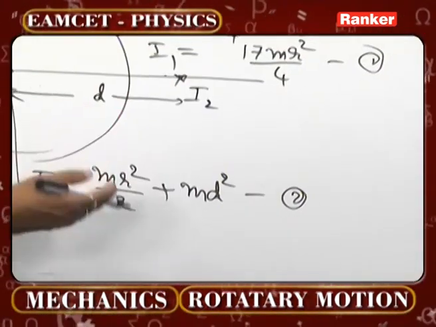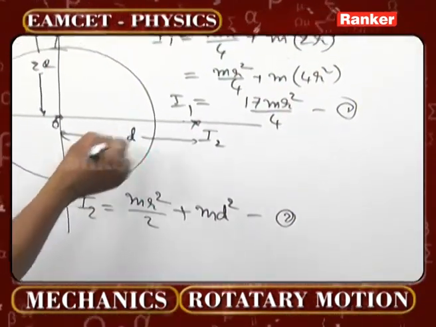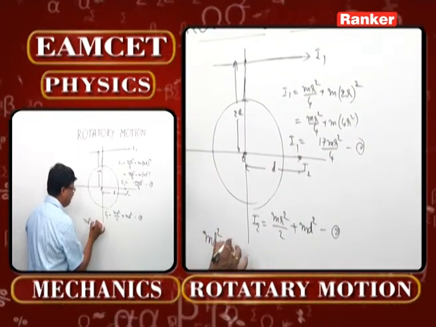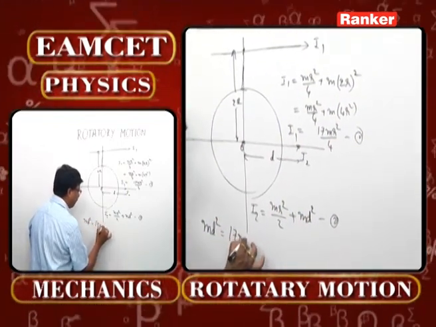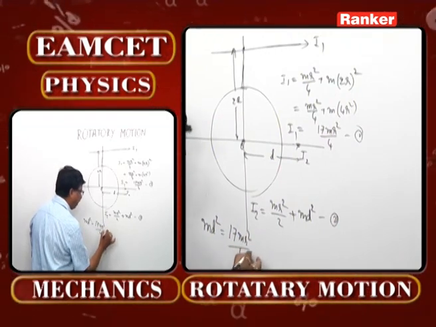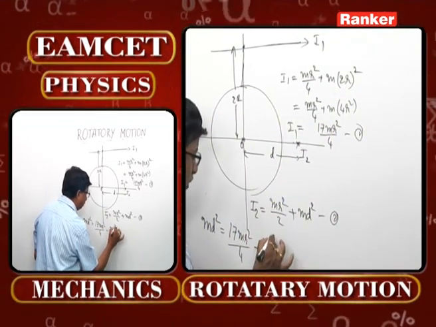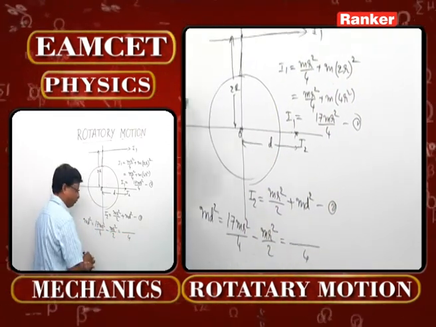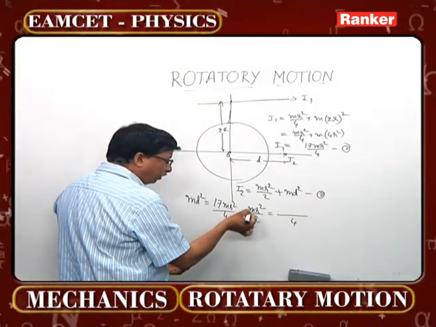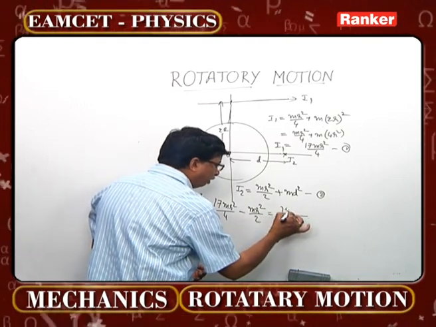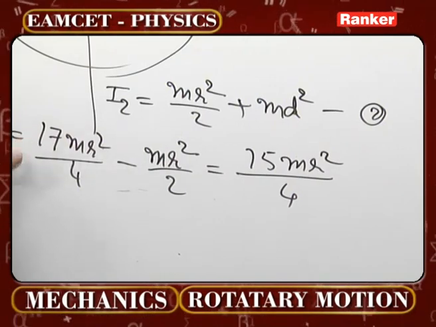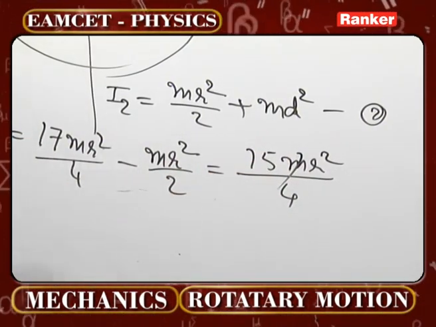That means I can definitely equate them now. While equating, what will I get? md square will be equal to 17 mr square by 4 minus mr square by 2. If I take 4 as LCM here, 17 mr square minus 2 mr square, which now becomes 15 mr square. But of course this m and this m get cancelled.